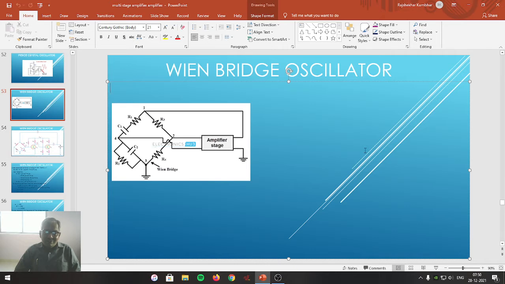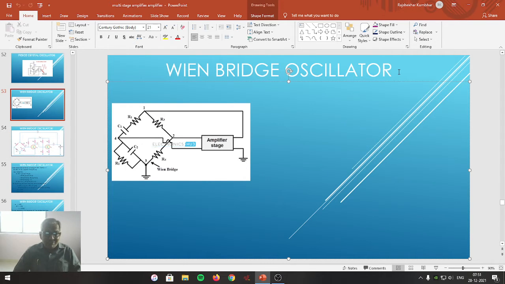Such oscillators contain resistance and capacitor in a tank circuit. So that's why these are also called the RC oscillators. In short, RC oscillators produce the frequency in an audio frequency range. One such oscillator we are going to study today is the Wien-Bridge oscillator.